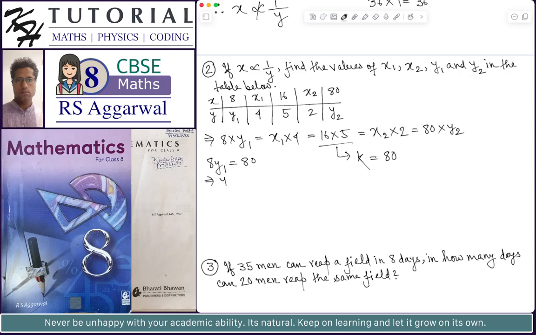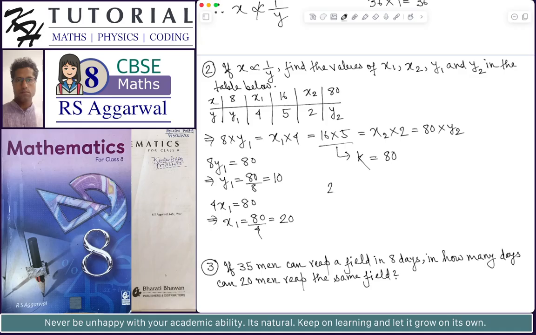This implies y1 is equal to 80 by 8, which is equal to 10. Also 4 x1 is equal to 80. This implies x1 is equal to 80 by 4, which is equal to 20. So we have y1 equal to 10 and x1 equal to 20.